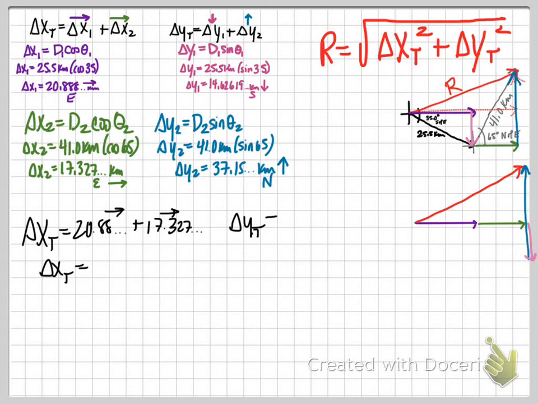Delta Y total equals, here's where you've got to be careful. I'm going to put this in as negative 14.62619 plus 37.15, etc. What do I get for a total here?